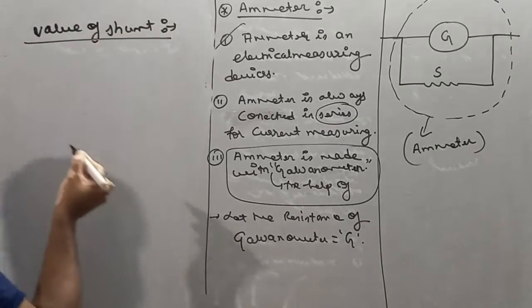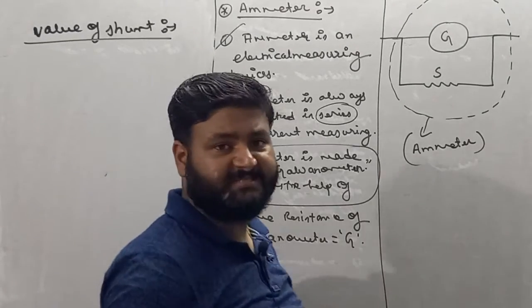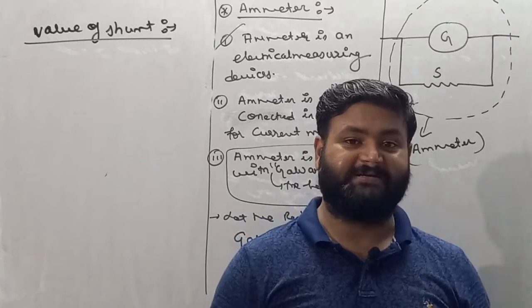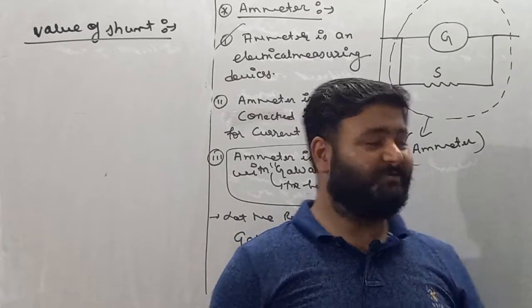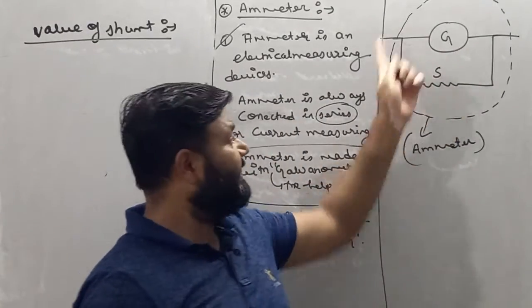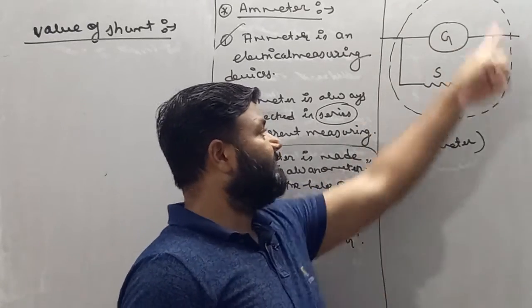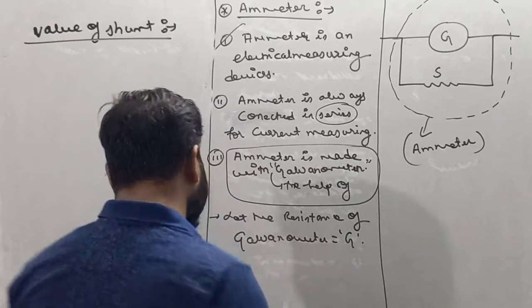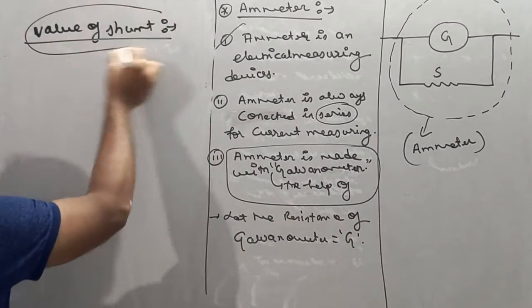Remember, a shunt is a very small value resistor, and it is used to make an ammeter. When you connect a shunt in parallel with a galvanometer, the device which forms is called an ammeter. Now see, my dear student, the very important part, that is the value of the shunt.